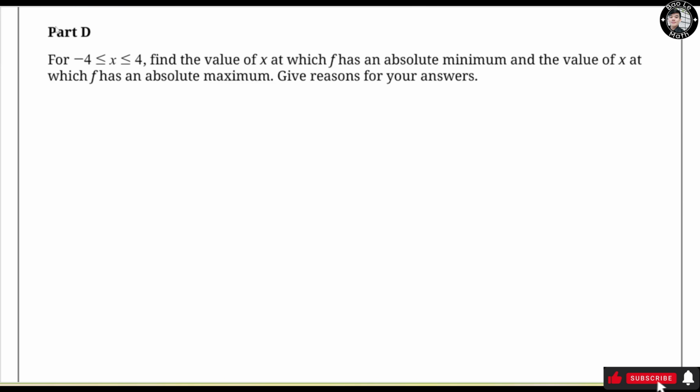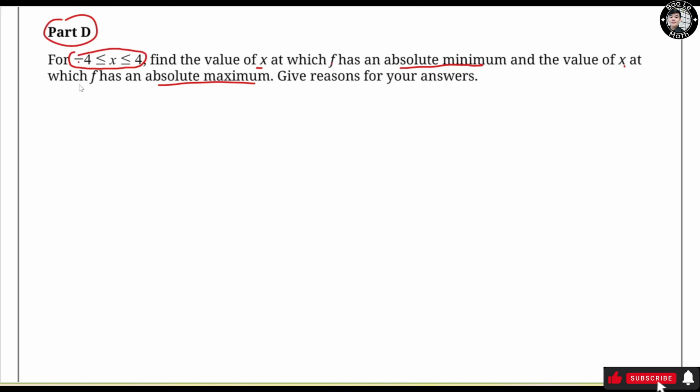Now let's move on to question D. Question D is considered the most difficult question in this exam. On the interval -4 to 4, find the value of x at which f has an absolute minimum and the value of x at which f has an absolute maximum. Basically, we look at this one right here, and this is a closed interval.